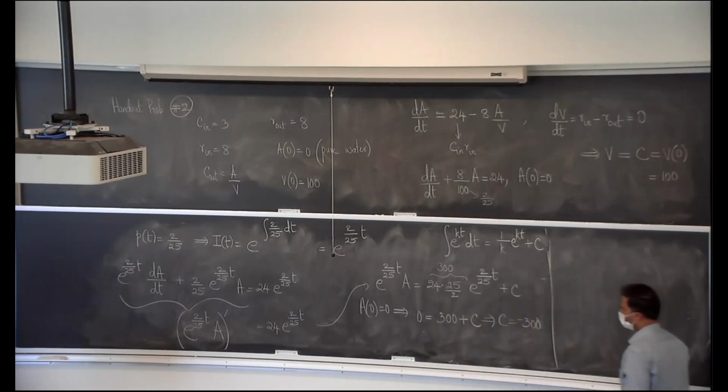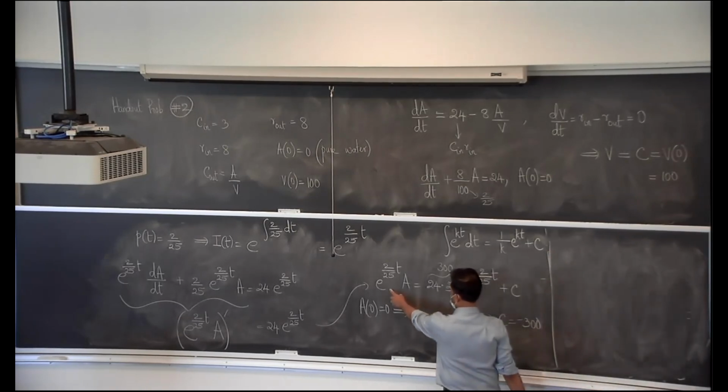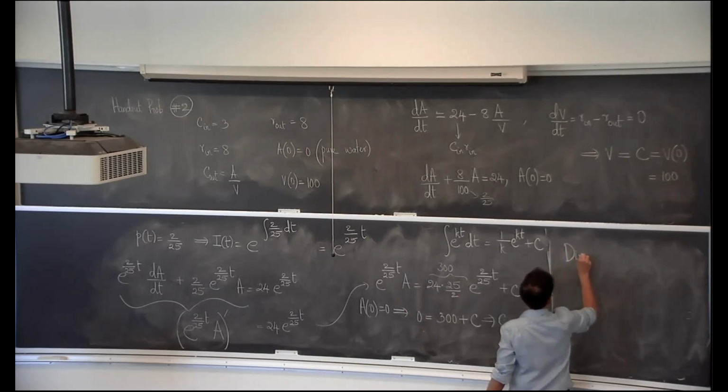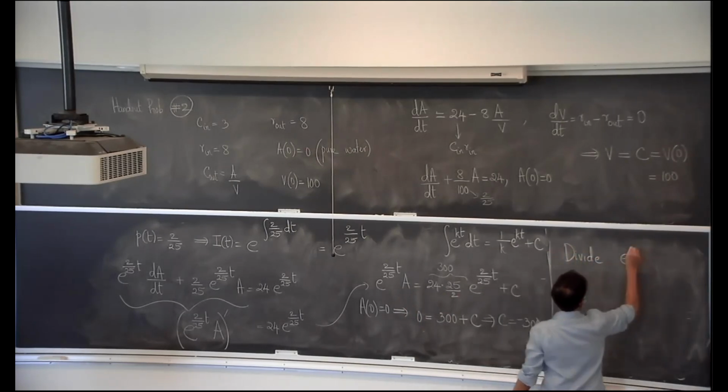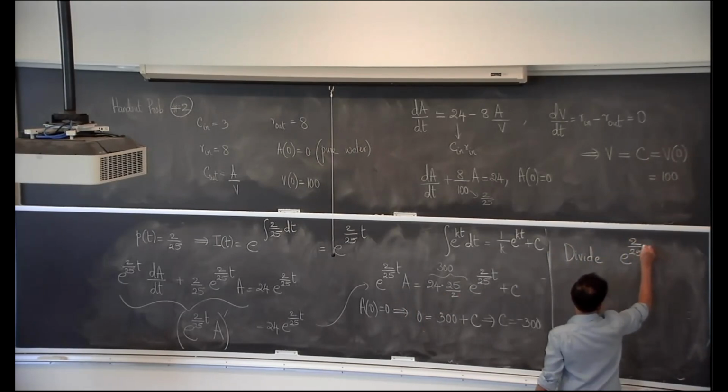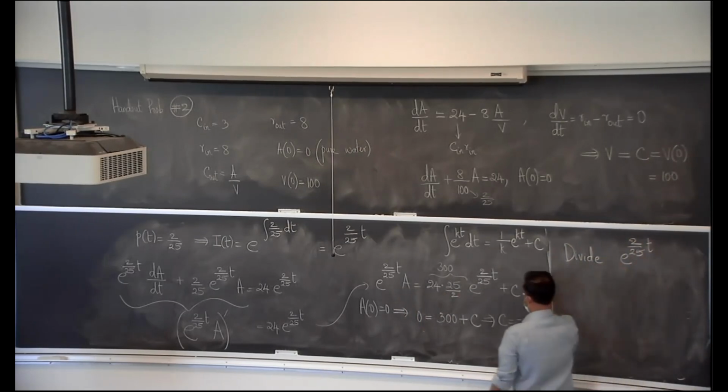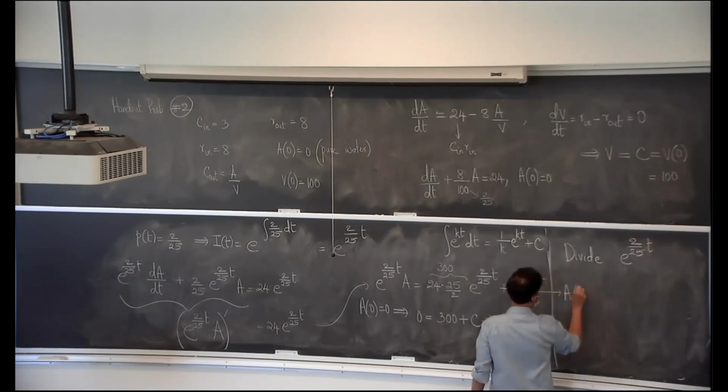And we're almost there. Divide both sides by e to the power of 2 over 25 t, and you get A of t equal to 300.